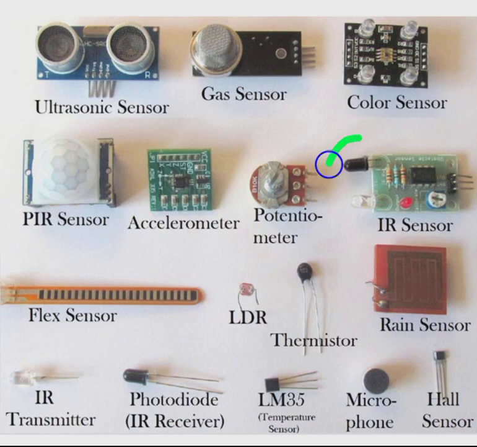One part of this breakout board sends infrared short pulses into the environment, and the second part is used to receive the infrared signals, the radiated or reflected signal back, and it generates the proportionate electric output.